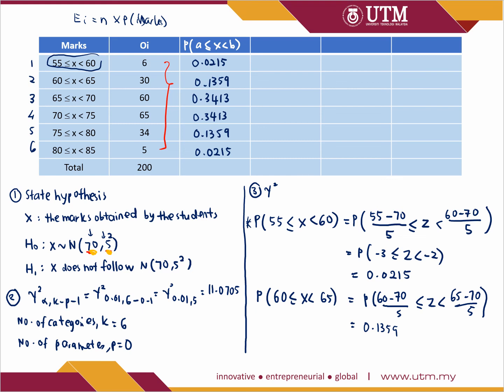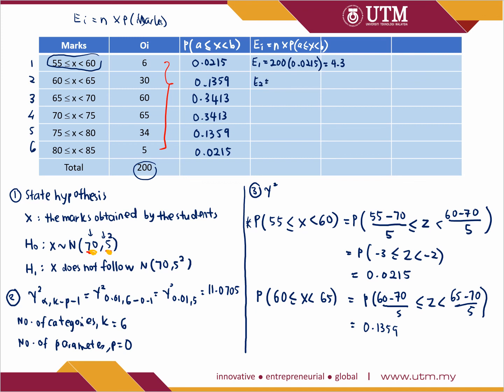So we have obtained all of these. The next step is to find the expected frequencies, given by the formula n times the probability. For the first category, E1 equals the total observations, 200, times 0.0215, which equals 4.3.